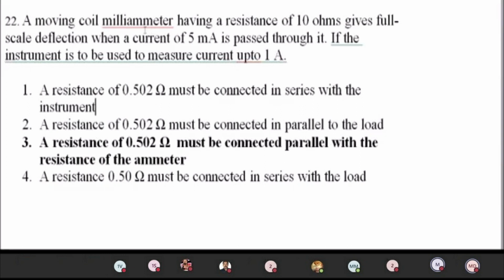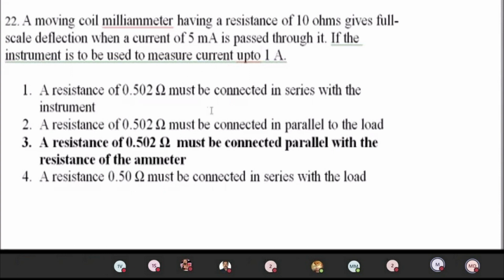Okay, what are the data given? R is given, I is given. From 5 milliamperes, we have to extend the range such that it can measure 1 ampere.